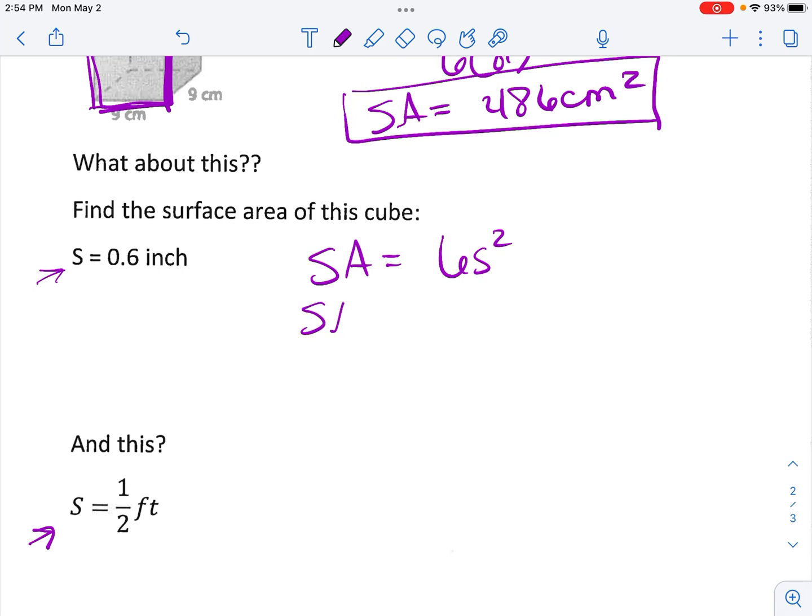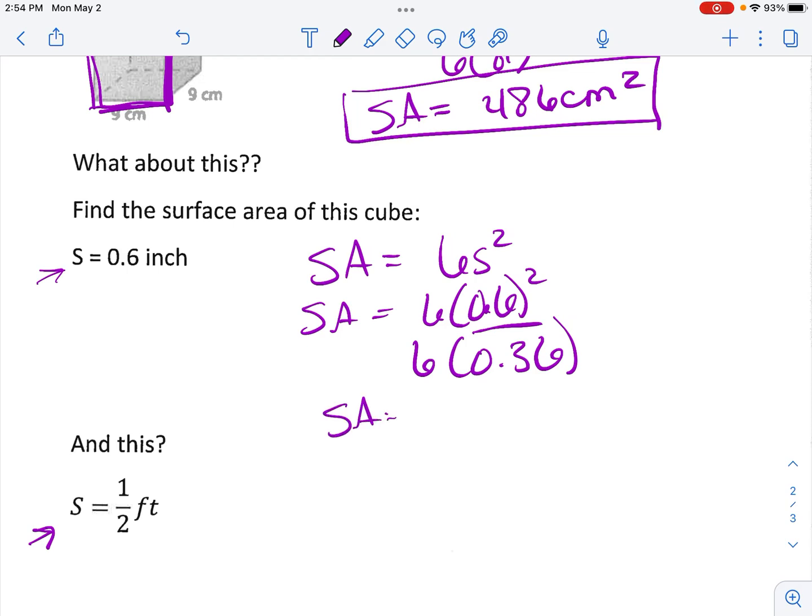Okay, I'm going to substitute in 0.6 for the side, and remember I do exponents first. So 0.6 times 0.6 is 0.36, and then multiply that by 6 sides, and you should get 2.16 square inches.